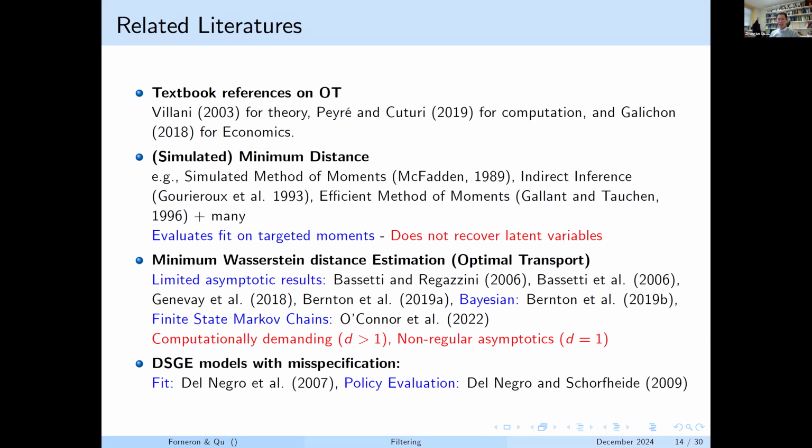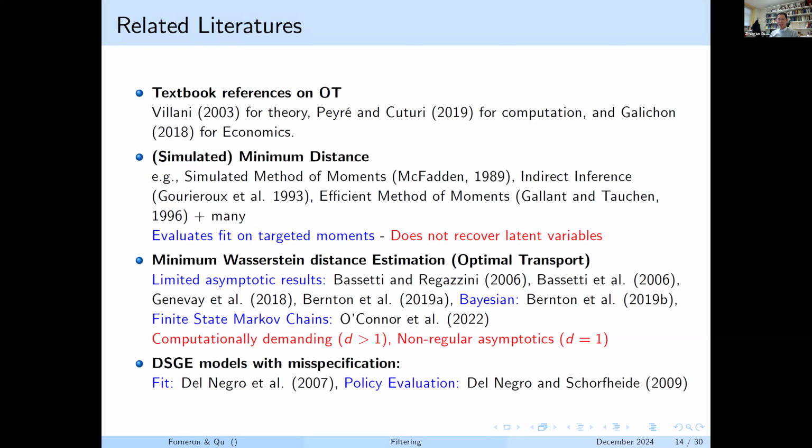The work is also related to the literature on simulated method of moments or indirect inference, in the sense that we also look at an auxiliary model, but the focus is very different.